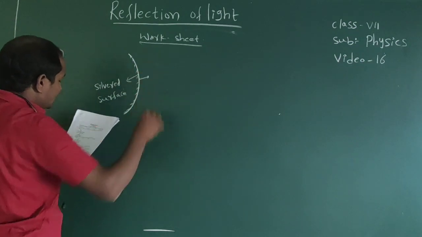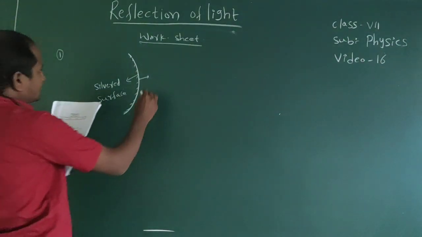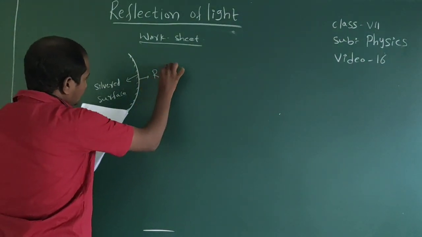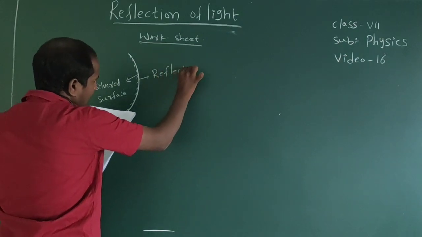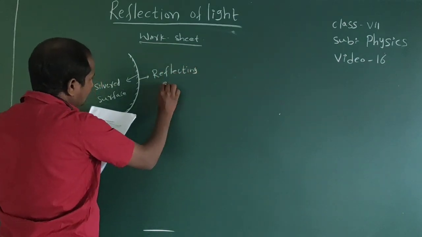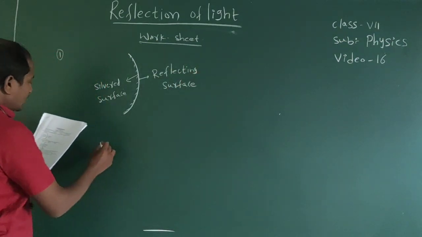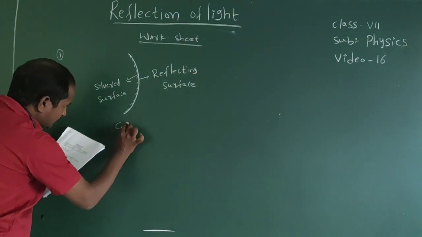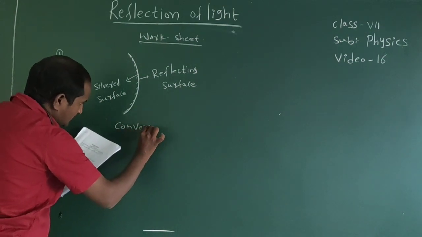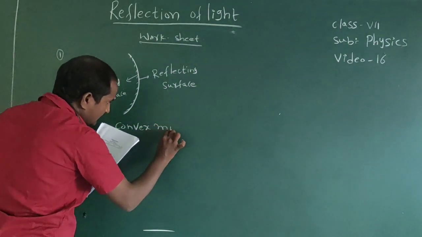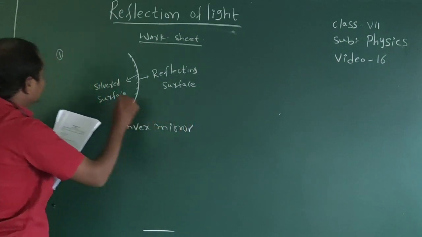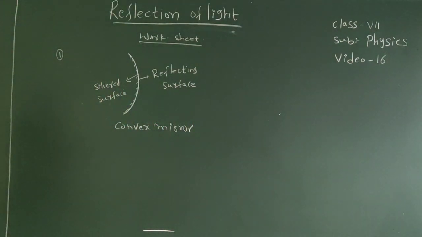It is the reflecting surface. Okay, it is called a convex mirror. It is the first one.